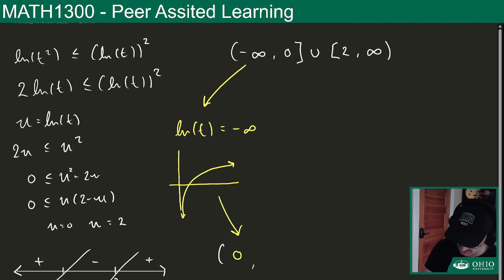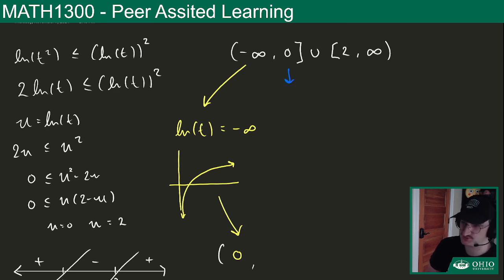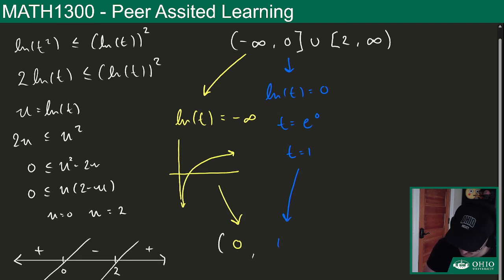Okay, so let's keep going. I'll pick a new color this time. Next, we need to ask about 0. So again, 0 is the value of u, so I have to ask when does the natural log of t equal 0. Well, if I just take e of both sides, I get t equals e to the 0, and then any number raised to the 0 is 1, so t equals 1 in this case, and that leads to a 1 on this interval, so I can close that off.